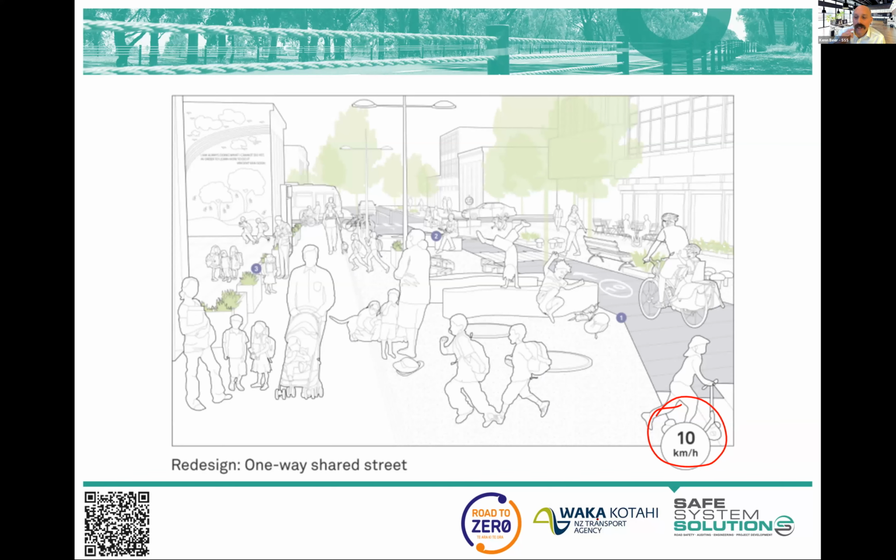So questions come in, do we need to consider type of users? Yeah, well, you do. You factor all of that in. So when you're doing your movement and place, if it's a movement corridor, you will definitely consider what type of users are moving through there. Is it a cyclist movement corridor? Is it a car movement corridor? Is it a public transport movement corridor?